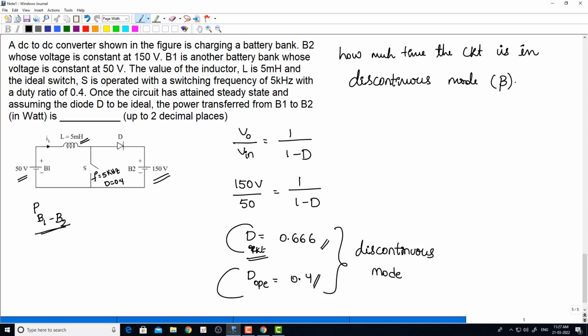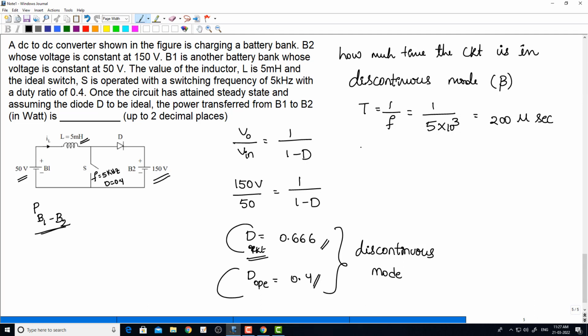The switching time period T is equal to 1 by the switching frequency, that is 1 by 5 kilohertz, that is 200 microseconds.